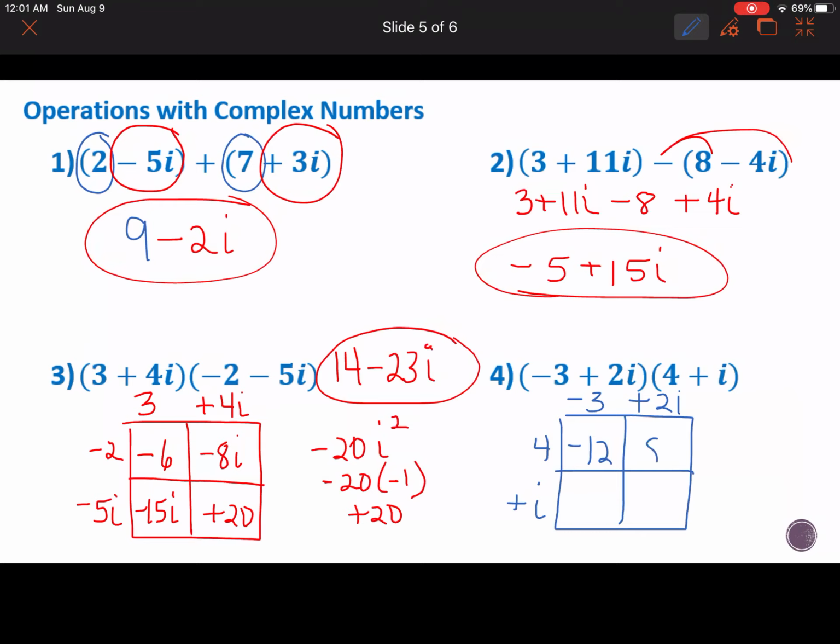Negative 12, 8i, negative 3i. And in this last column, you would have 2i squared, which is going to equal negative 2. Combine your like terms, and that gives you a negative 14 plus 5i.